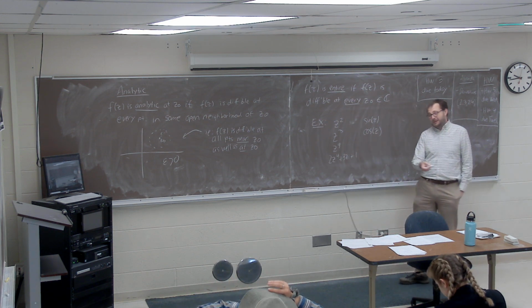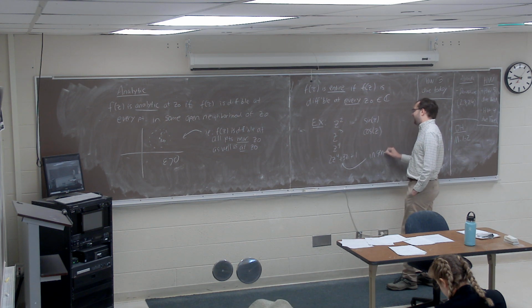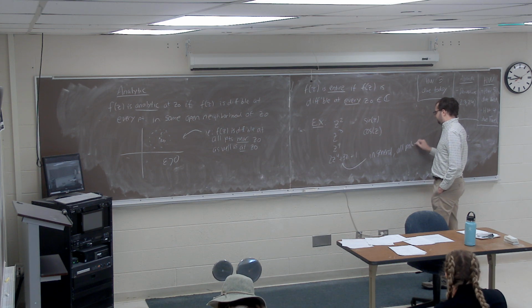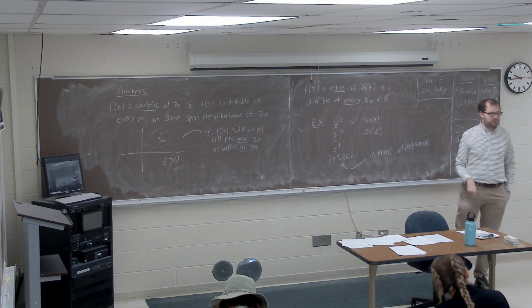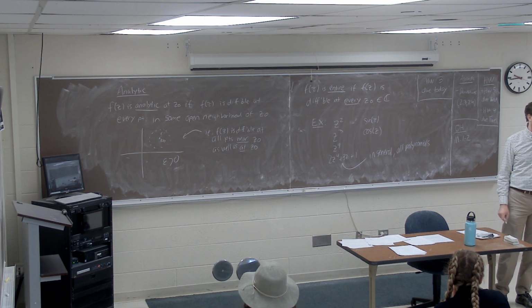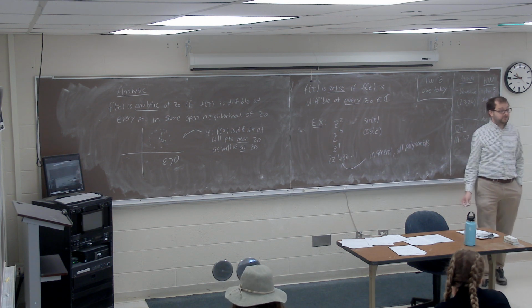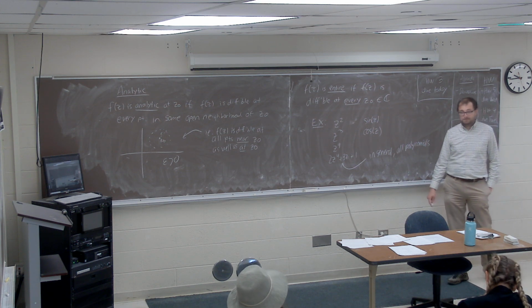All polynomials are going to be entire functions. Because you can just use a combination of the constant multiple rule, power rule, and sum and difference rules to differentiate those and get a derivative that's defined and nicely behaved everywhere in the complex plane.